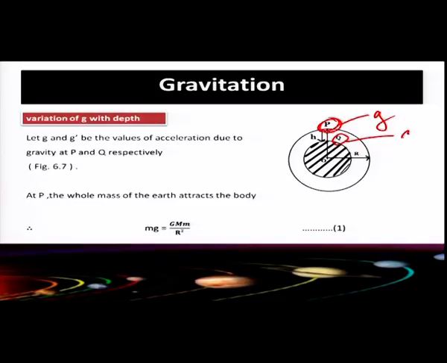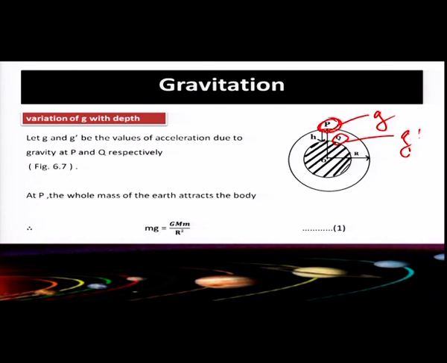So, let us now turn our attention to variation of g with depth. Let g and g dash be the values of acceleration due to gravity at P and Q respectively. This is the point P, and this is the point Q. At P the acceleration due to gravity is g, and at Q it is g dash.